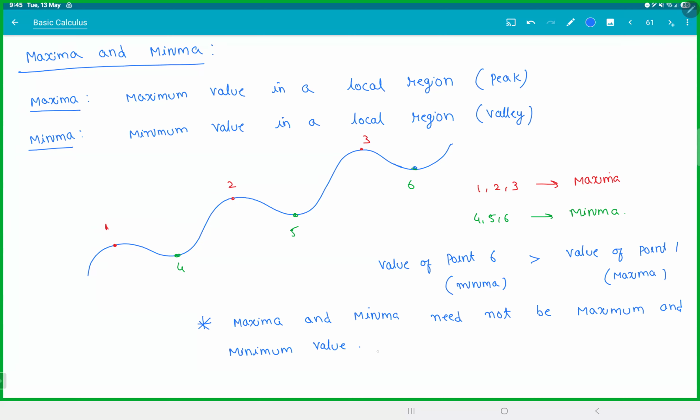Generally, we assume them to be maximum and minimum for our curriculum. So keep that in mind. For physics, we can treat them as maximum and minimum. Functions will be given like that. They have something called global maxima, global minima, and all that stuff. We treat them as maximum and minimum.